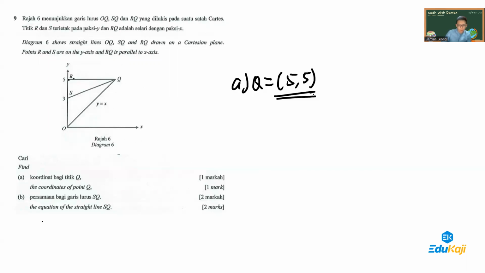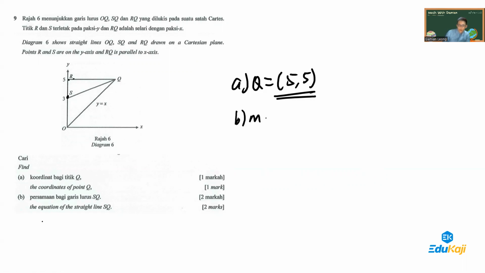Then the equation of straight line SQ. I already have point S, because it's the y-intercept and the y value is 3.